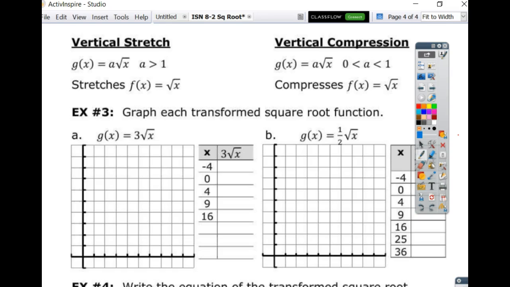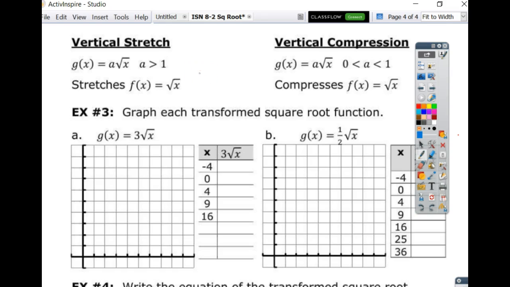So to find the vertical stretch or compression, this is the A, and that's out in front, right? The A works like slope, except when it's a curve, it can't be rise over run because it's a curve. So this is how the A is going to work.